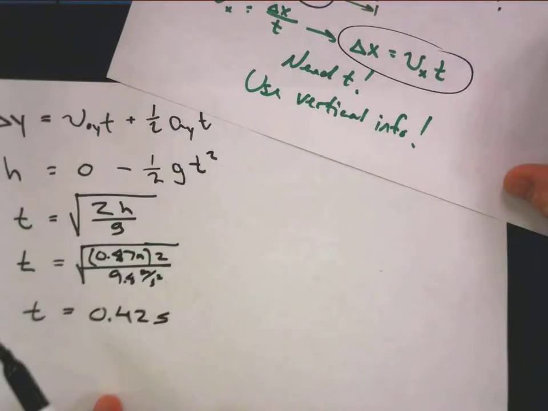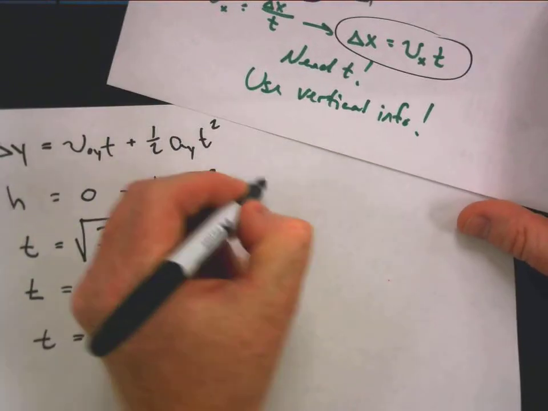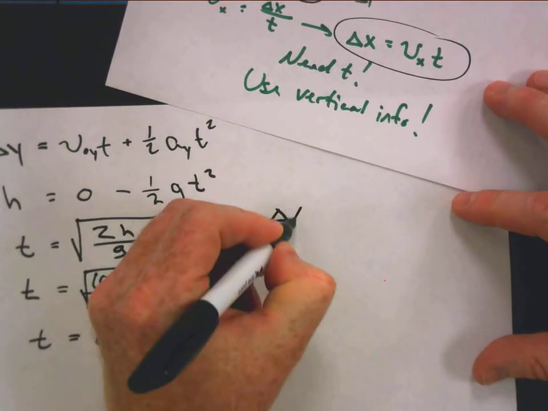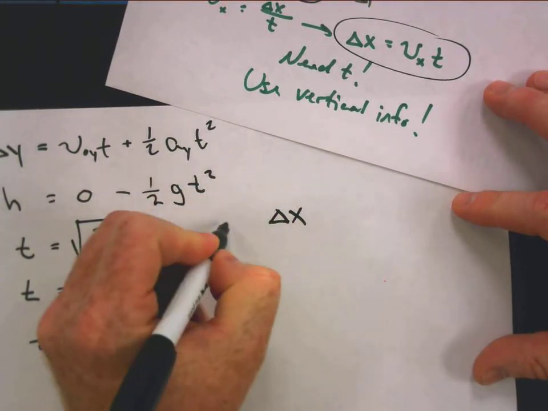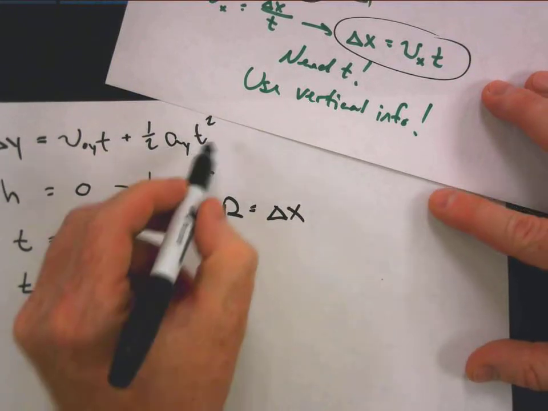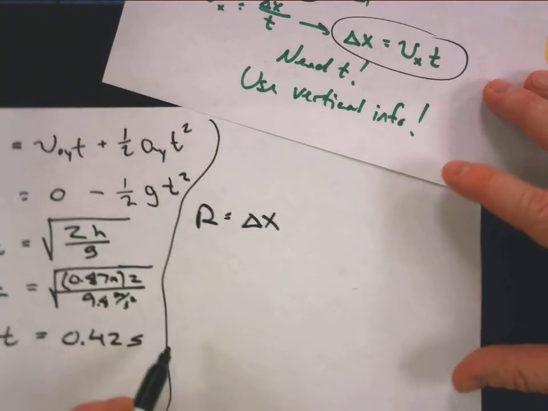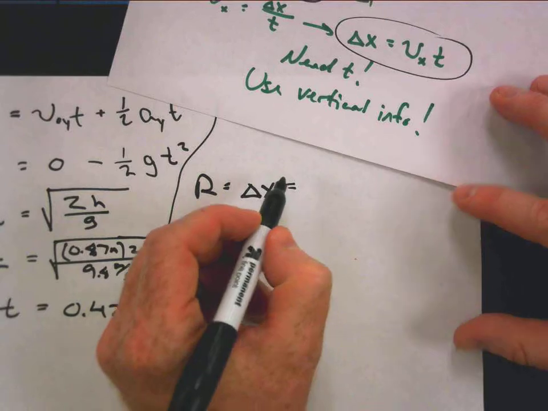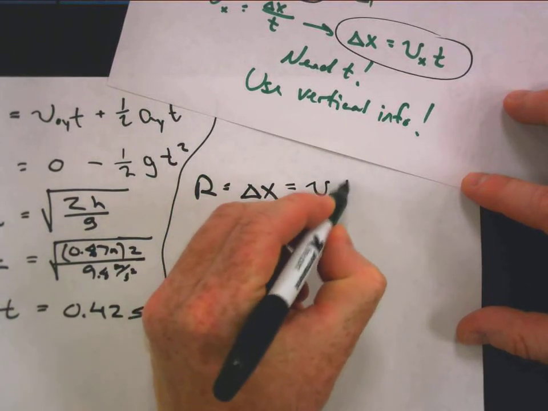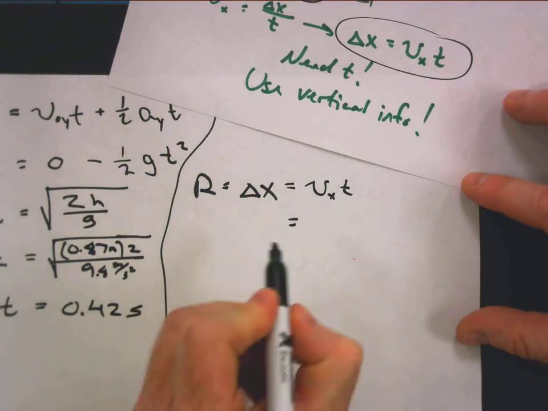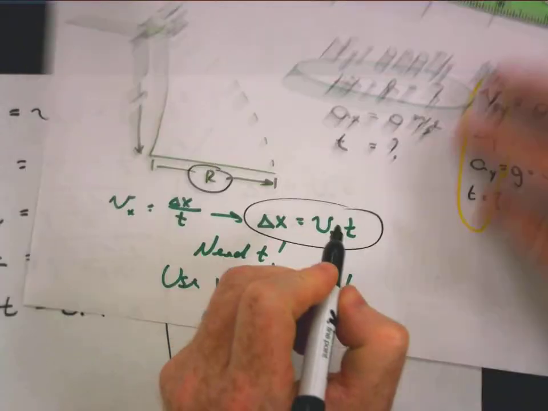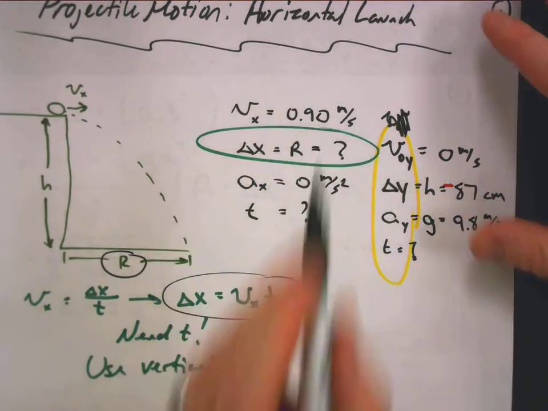So this is a quick matter now to say, aha, delta x, and this is really my range that I'm looking for. Range is delta x, and that's equal to horizontal velocity times time, and now I know both of those numbers. Horizontal velocity, well, that was my 0.90 meters per second.